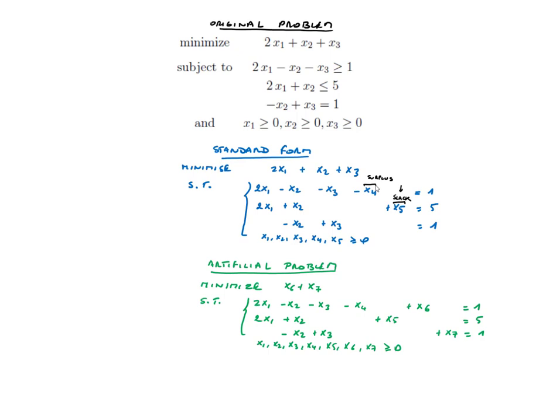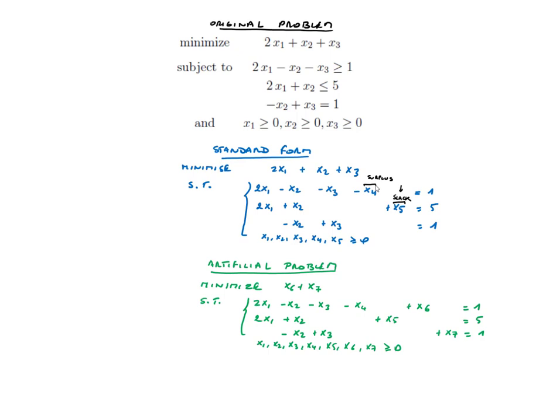You could say x4 is only appearing once as well, but it's appearing with the coefficient -1, right? You could say I'm going to multiply by -1, but then you'll have on the right hand side a -1, and we know that the b coefficients have to be positive, right? So it is difficult to find here an initial basic feasible solution, and only x5 can be used as a basic variable.